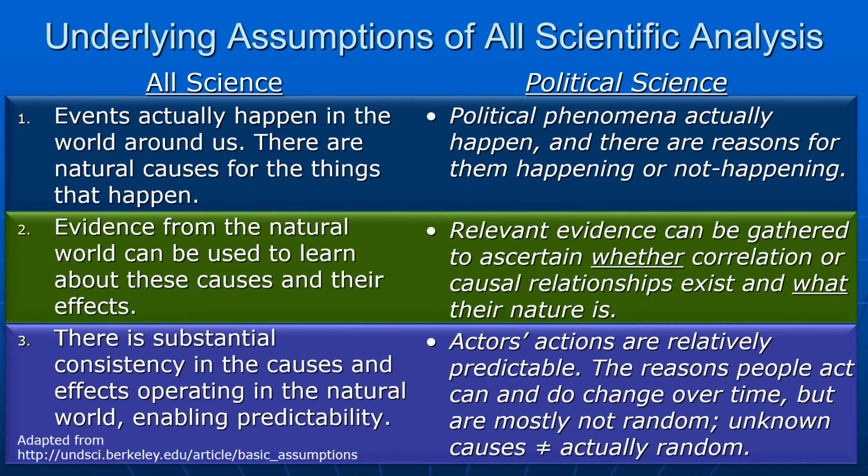No, we think that there's just ungathered information, unknown causes that we don't measure yet, but that could still be relevant to particular people. So the realm of political science as an empirical set of research processes is clearly tied and connected to what all of science does in the natural realm.